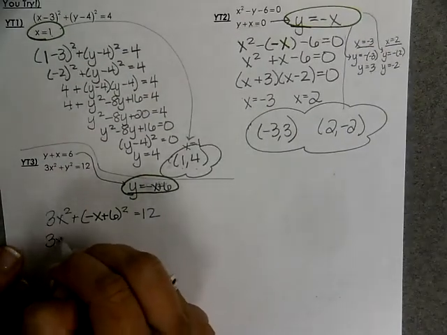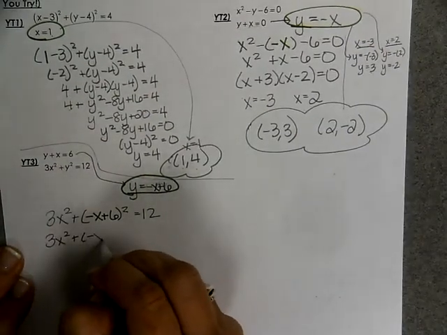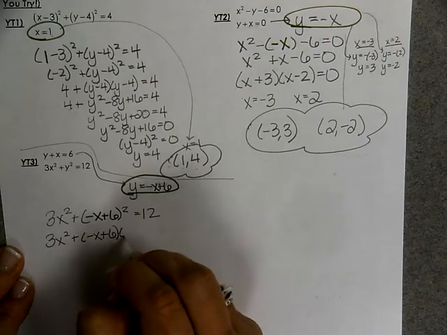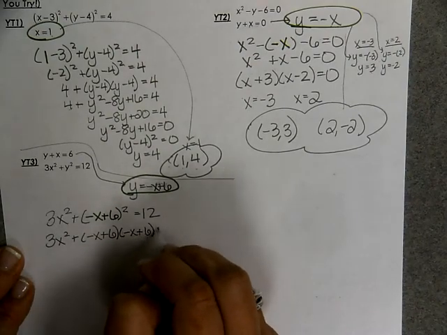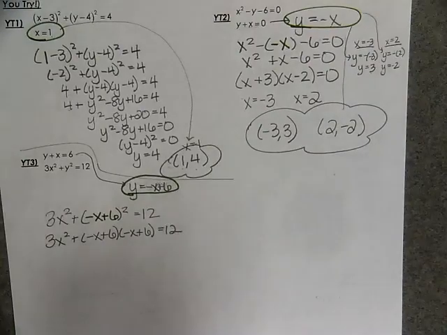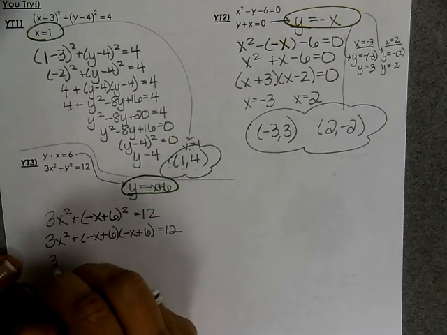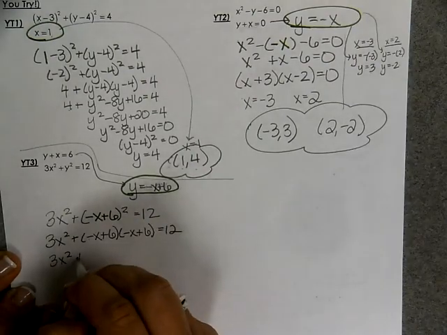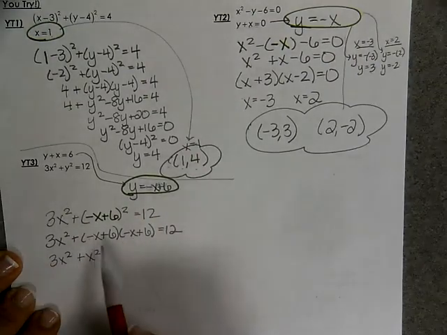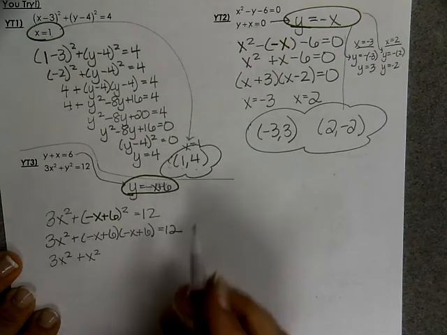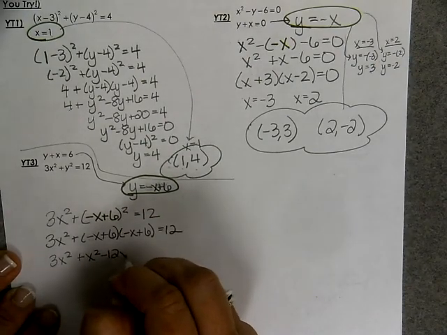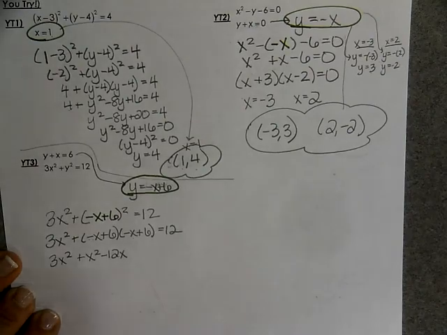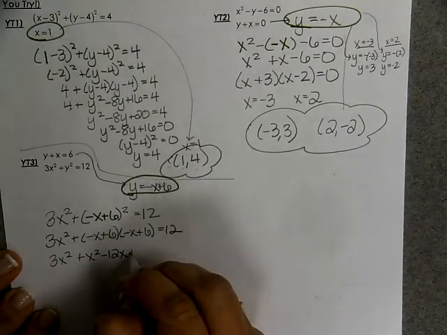So that gives me 3x squared, and again, this negative x plus 6 squared means that I can multiply that by itself twice. Okay. So I have 3x squared, and then negative x times negative x is a positive x squared. My outer negative 6x gives me negative 12x, and then 6 times 6 is 36.